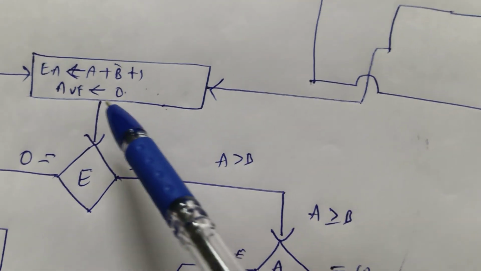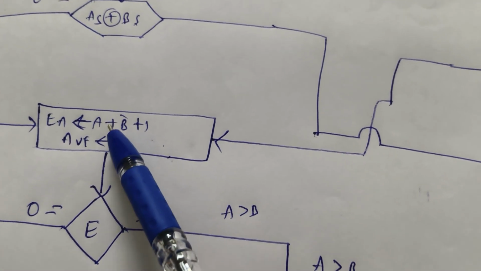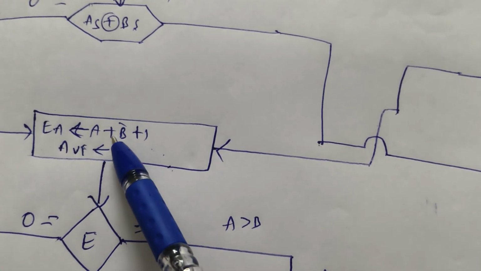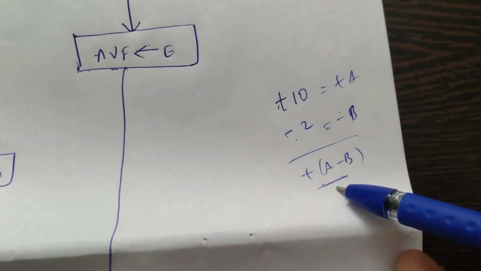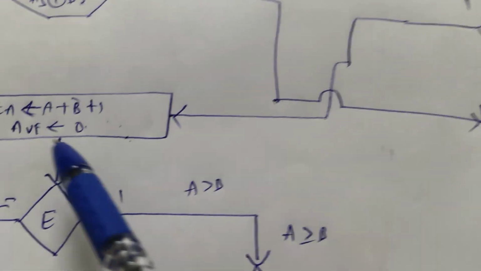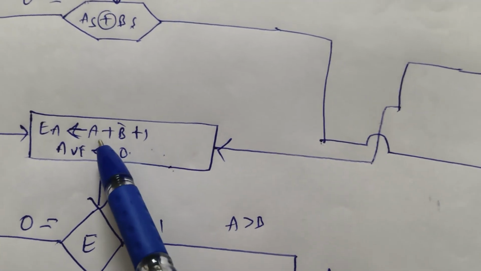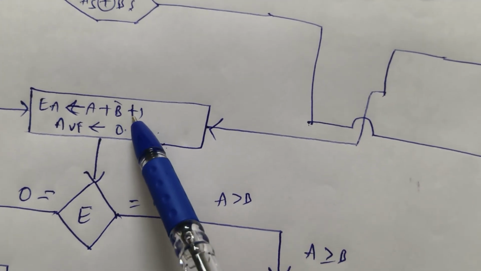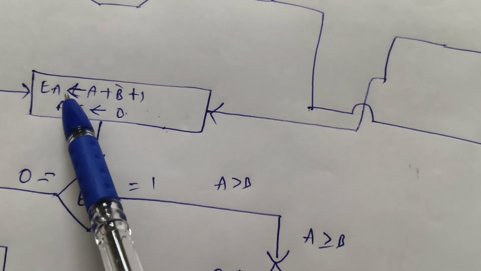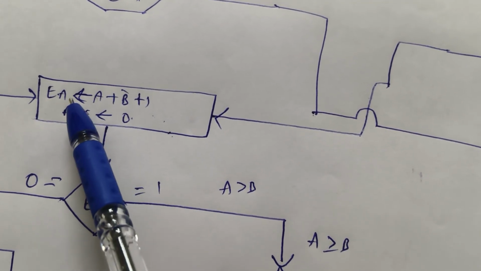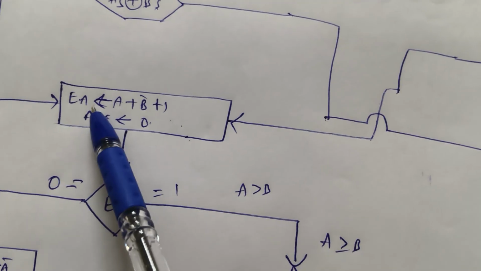So A minus B is nothing but A plus B bar plus 1. So if the signs are different, it performs subtraction. The subtrahend B is added to register A and the sum is stored in the A register.